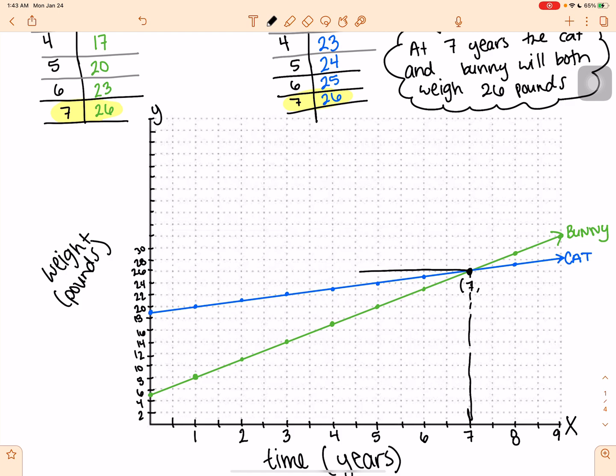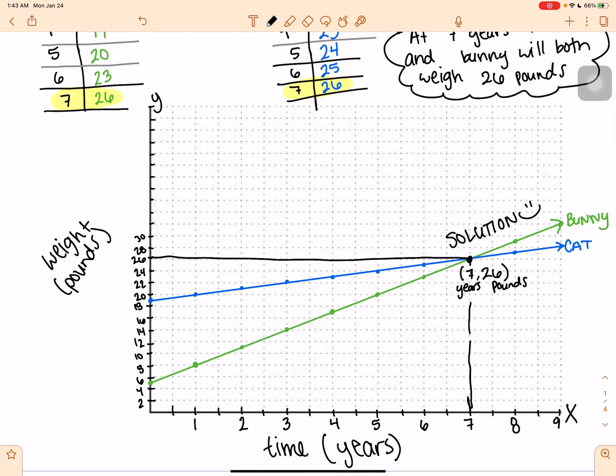And then if you go straight across, 26. So that's at 7 years. They both weigh 26 pounds. And that there is their solution to this system of equations. Okay, so pause the video if you need to get this down. I'm going to move on to the next page.